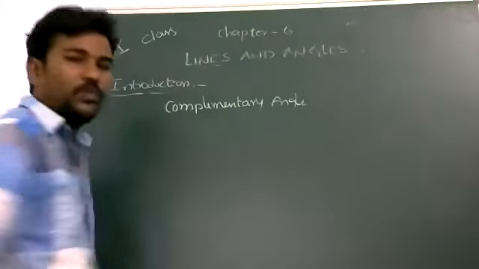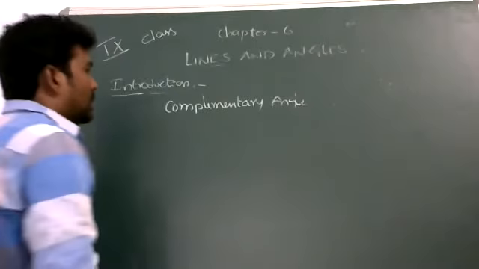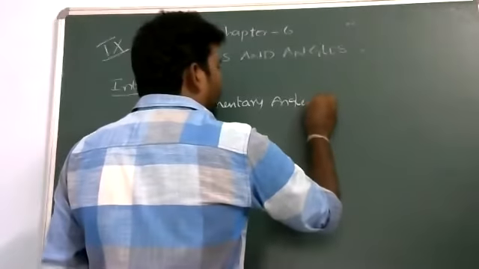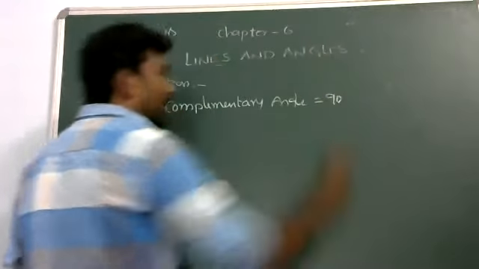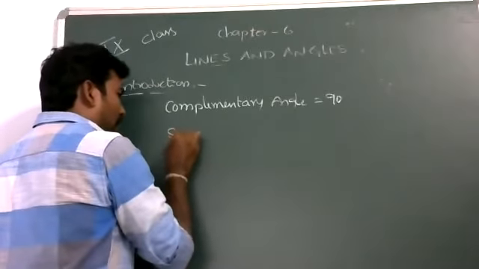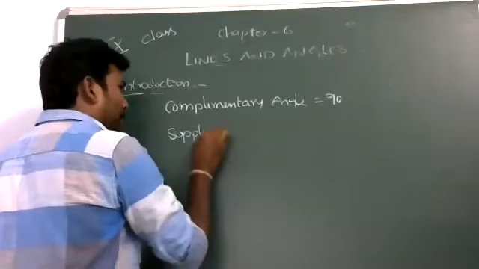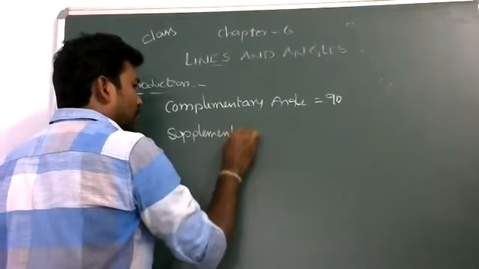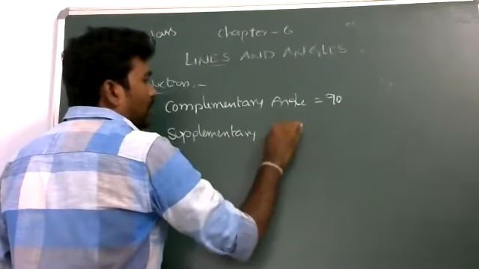Now comes one more example. Complementary angles means the sum of angles is 90 degrees. Okay. So next one comes to the supplementary angles.